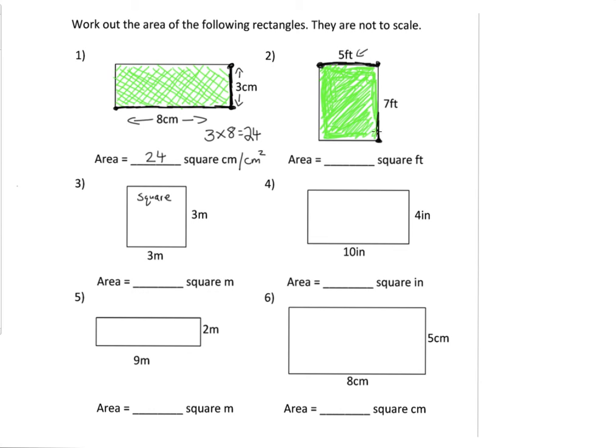We only need to know two sides when it comes to area. So we multiply 5 by 7. 5 by 7 is 35, and it's 35 square feet, and that's our answer. Or you can write feet squared.